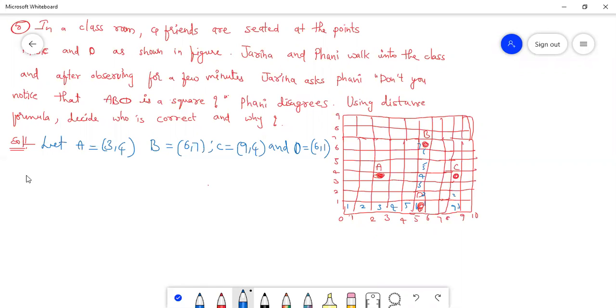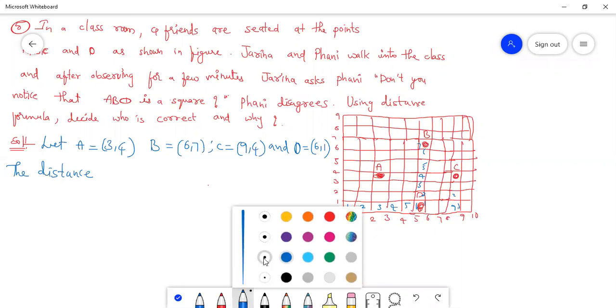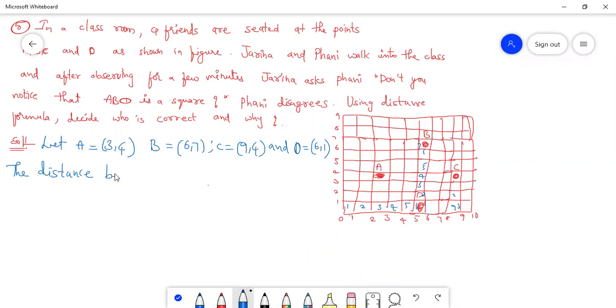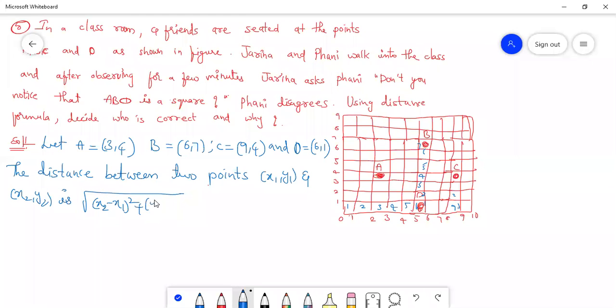Okay. Here by using the distance formula, we know that the distance between two points (x1, y1) and (x2, y2) is under root of (x2 minus x1) whole square plus (y2 minus y1) whole square.